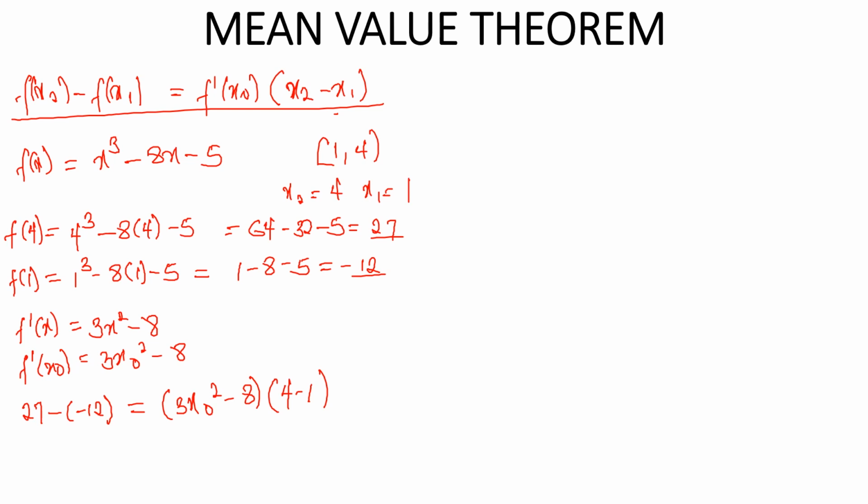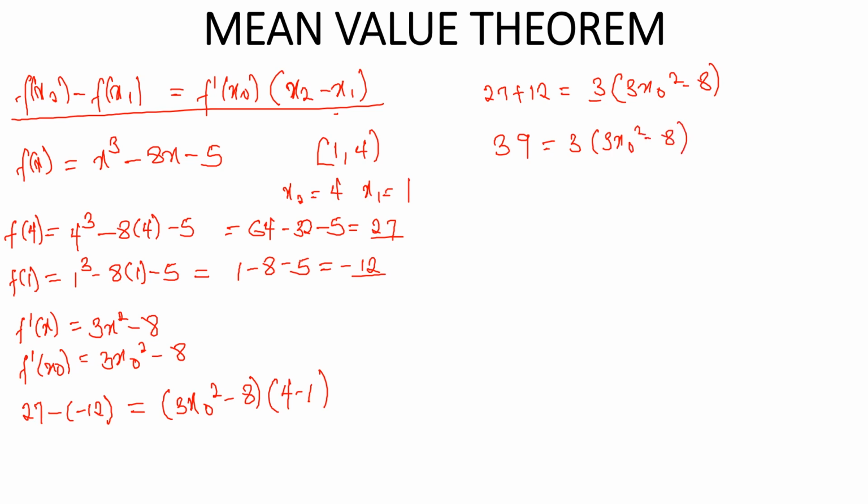So we continue by saying that 27 plus 12 is equal to 3 into 3x naught squared minus 8. The reason why we have this 3 here is because 4 minus 1 is equal to 3. Then if you add it, you have 39 equals 3 into 3x naught squared minus 8.